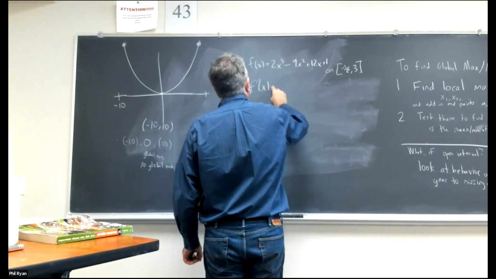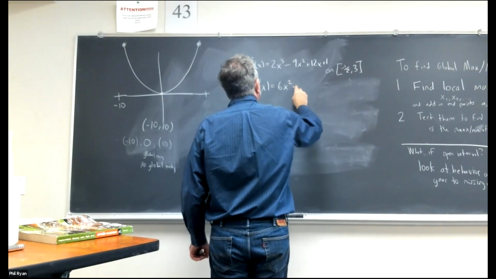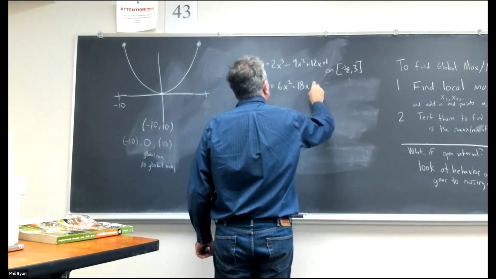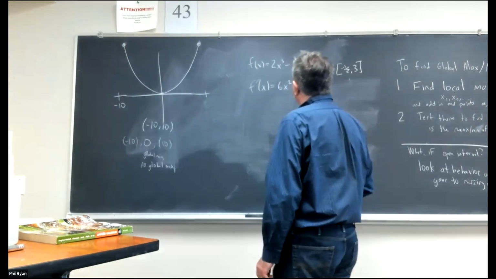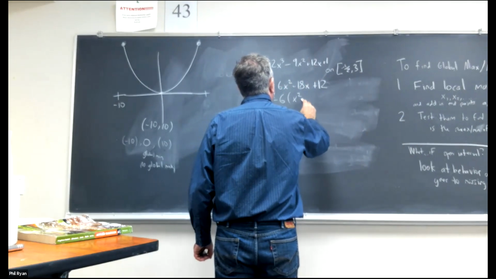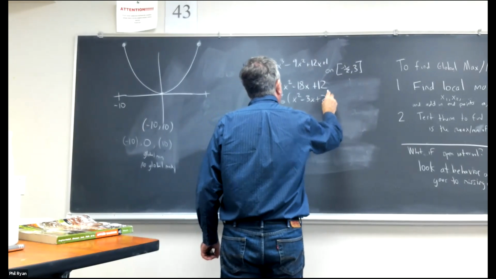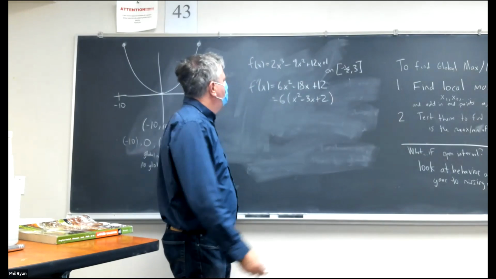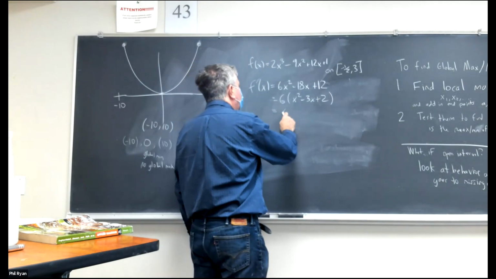F prime of x is 6x squared minus 18x plus 12. And I actually know how to do this.